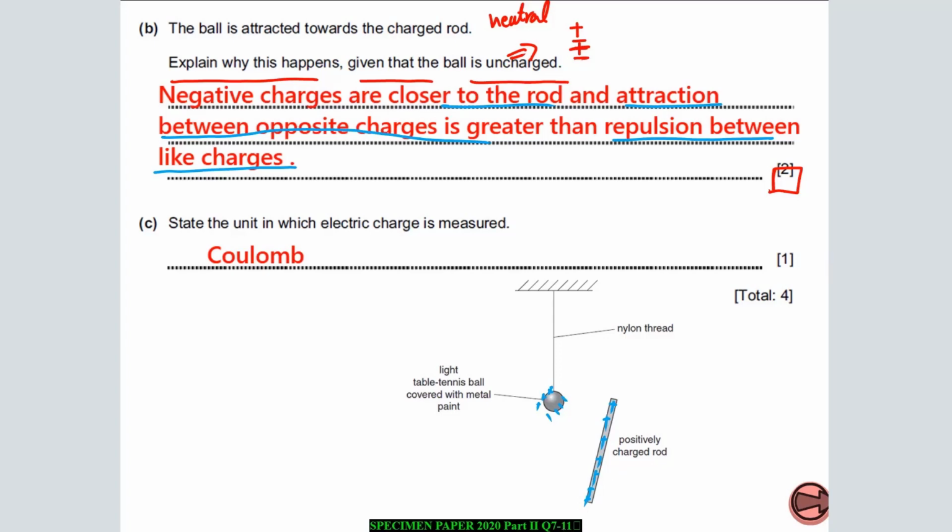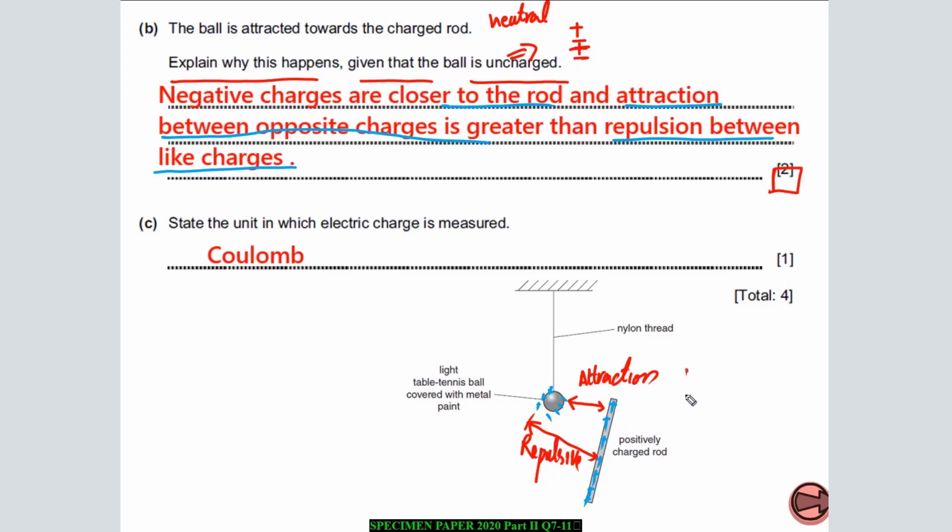Now we need to understand the Coulomb's force or attractive force between charges. Now you see the negative charge is closer to positive charges. If we compare this one, the positive charges and positive charges, they are far away from each other. So this is force of attraction between opposite charges, and here is repulsive force between same or like charges.